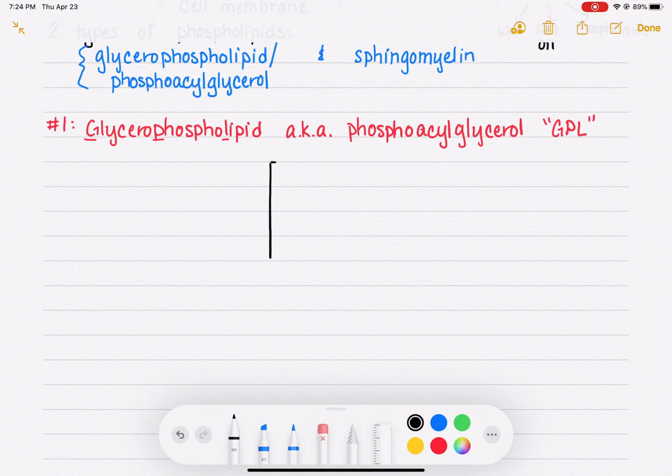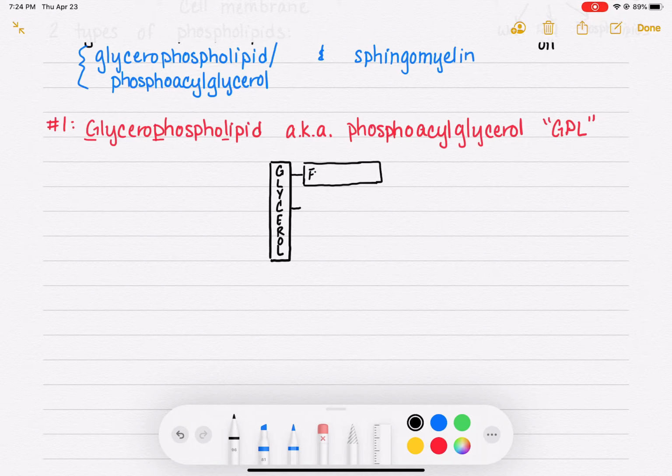So I've got the glycerol backbone, the exact same as we have for the fats and the oils. And the glycerol backbone has 3 things on it, just like we saw for the fats and the oils, the triacylglycerols. And the first 2 things that are attached are fatty acids.